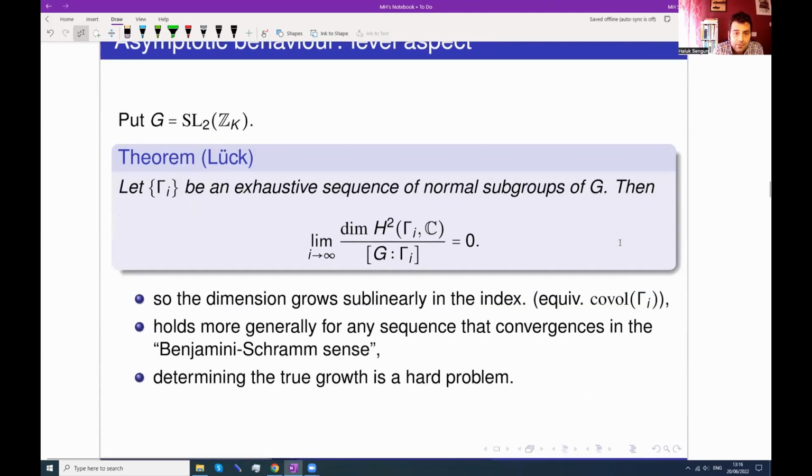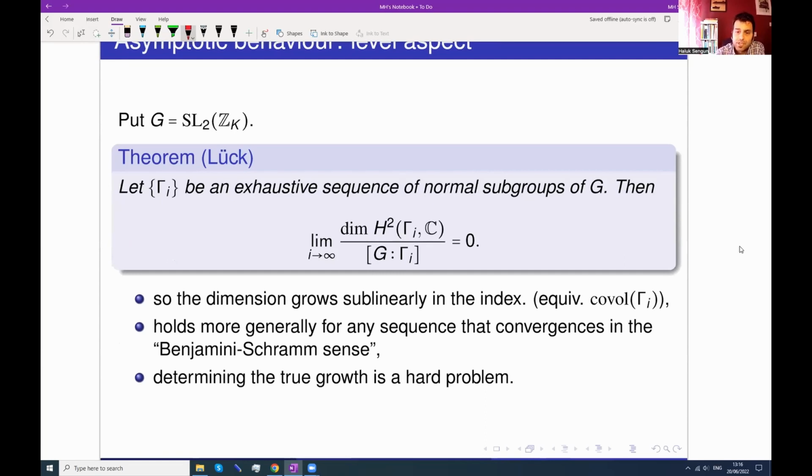Right. Okay. So I guess the first thing to observe is I'm going in the level aspect now. Lück's famous approximation theorem says that if you take a nice sequence of congruence subgroups, it doesn't have to be congruence here, Lück's result is more general.